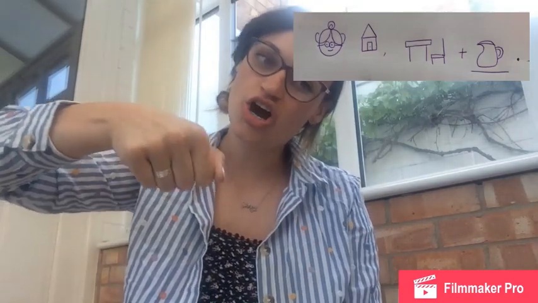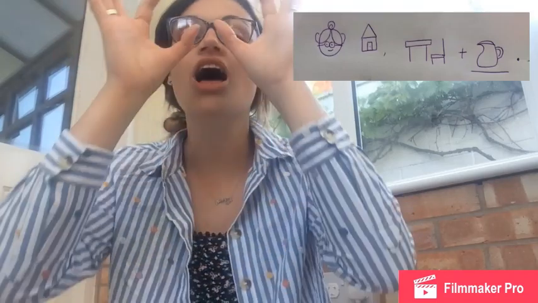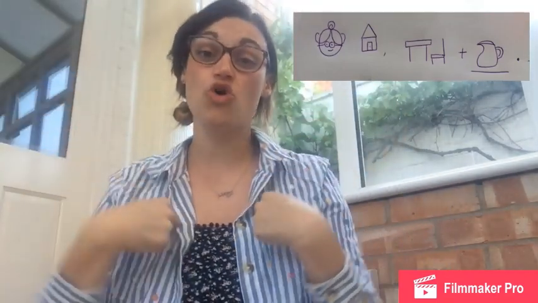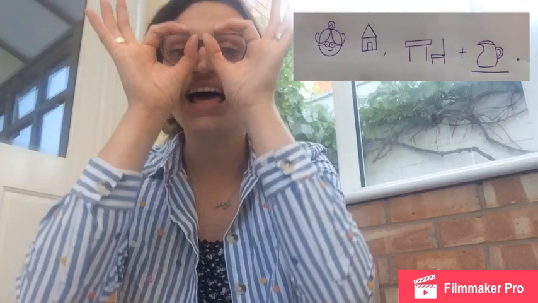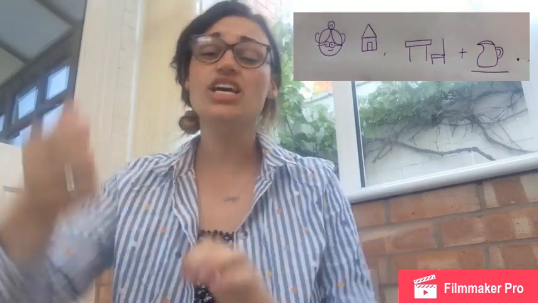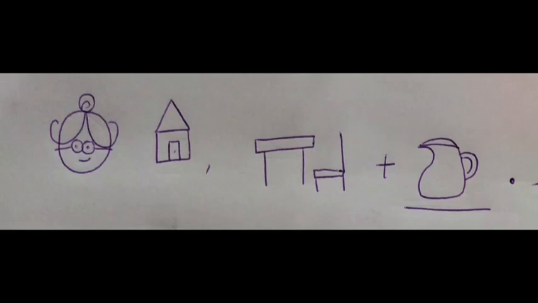Full stop. I'll do it one more time and then I'll give you a few minutes to try at home. A little old lady lived all by herself with a table and chair and a jug on the shelf. Have a go at home.